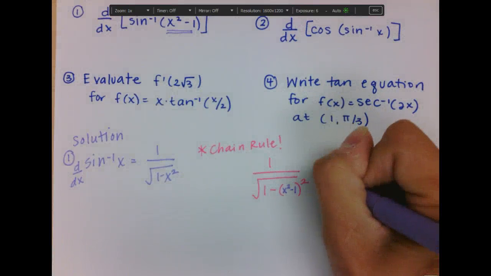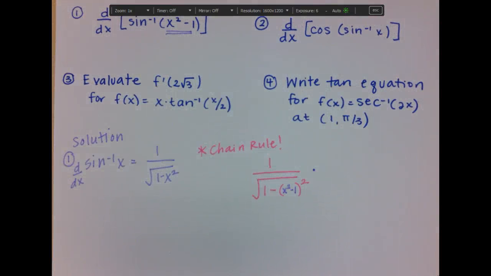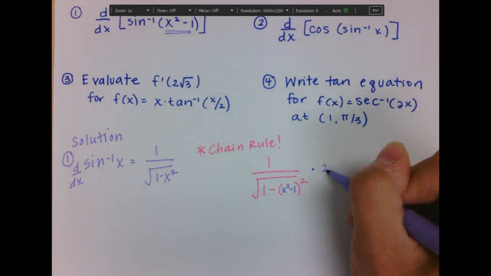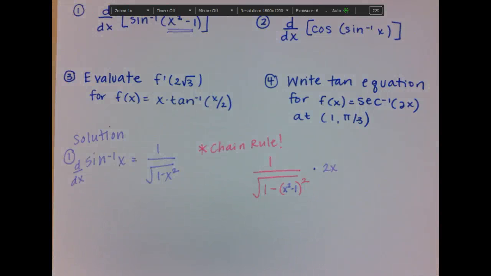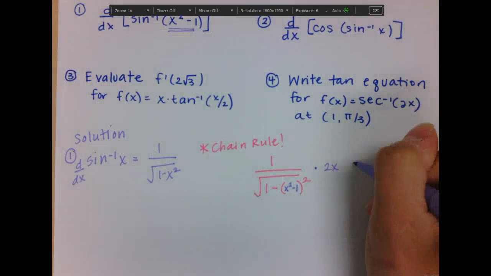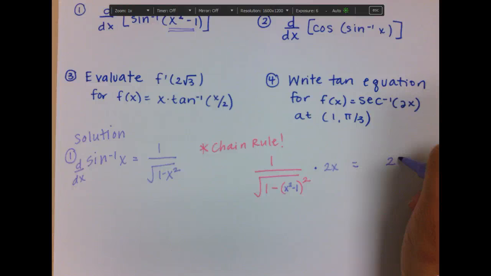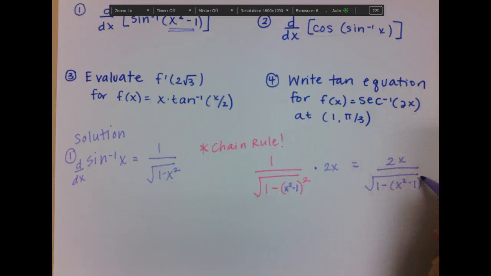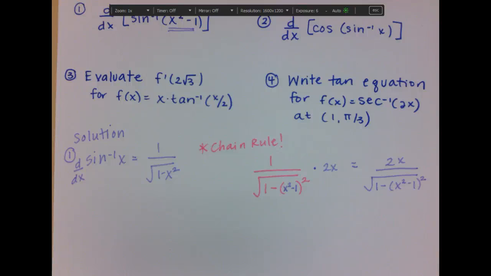Chain rule says I then have to take the derivative of that argument. The derivative of x squared minus 1 is 2x. Cleaning that up, I multiply straight across, giving me 2x on the top, and on the bottom 1 minus x squared minus 1 quantity squared.